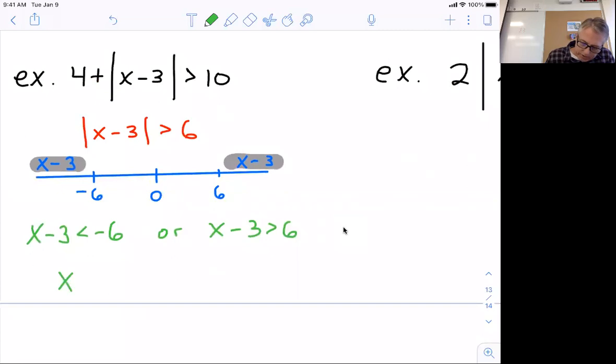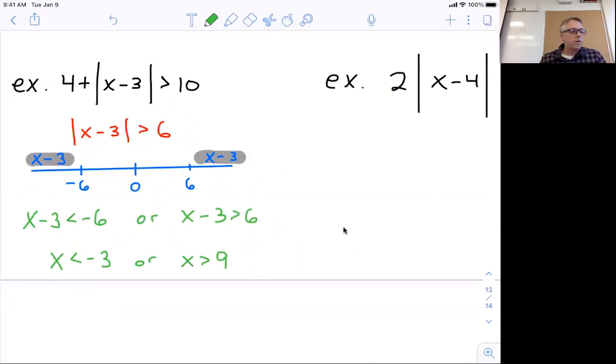And so x is less than -3, or x is greater than 9. In interval notation, that is from -infinity to -3, exclusive, and then exclusive of 9 to infinity.